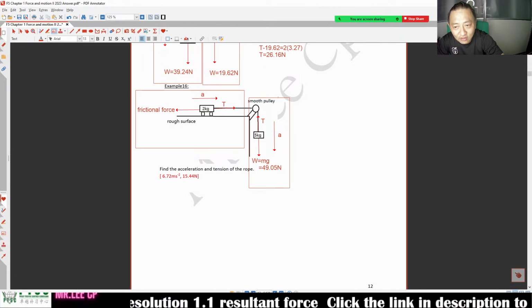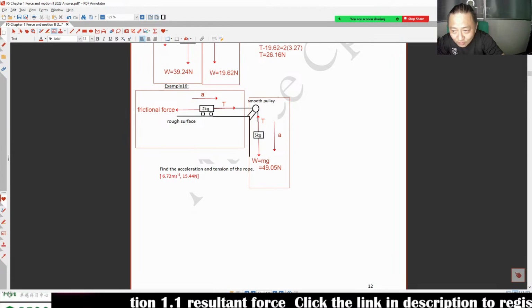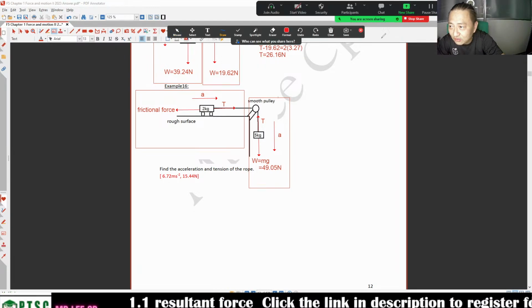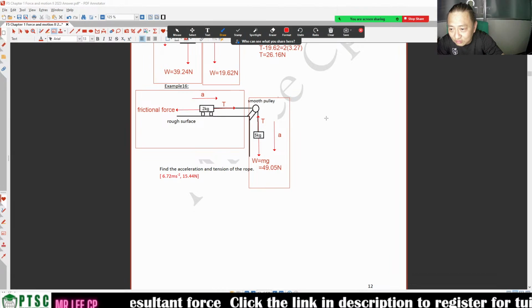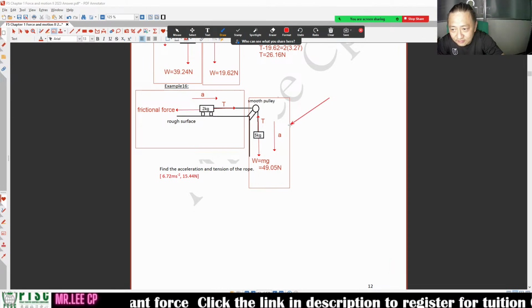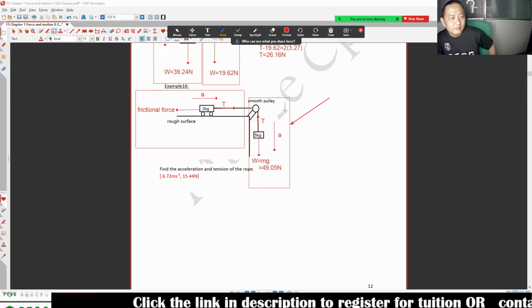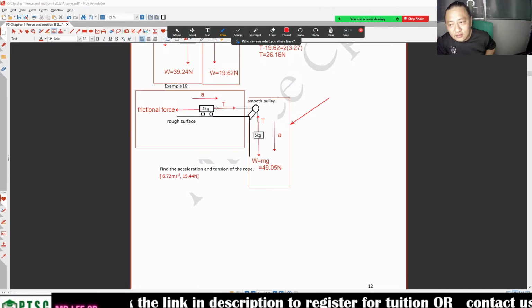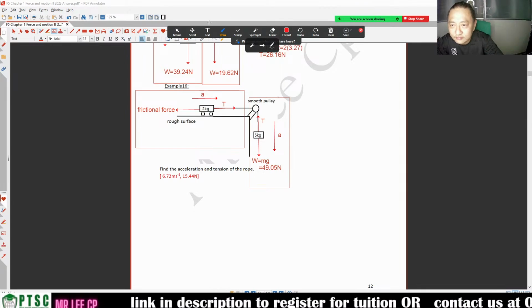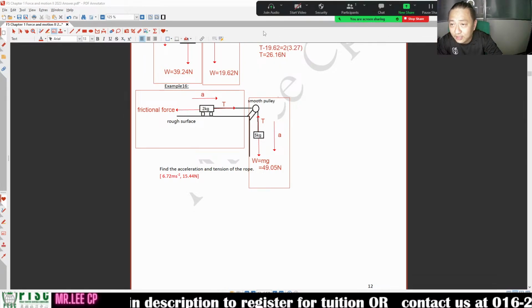Okay, so we do this one first. All right, you write the first equation first, this equation. This equation for me, you write on your own.